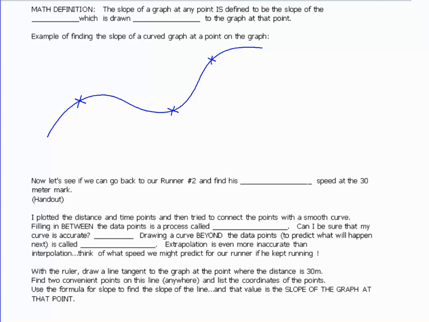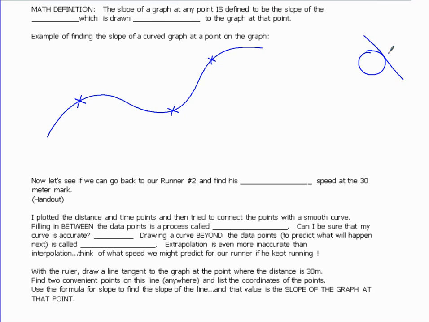What we do is we look at the tangent. And if you remember from geometry, here's a circle. The tangent is a straight line along the edge of that circle. We can find tangent lines on a graph by using a ruler.